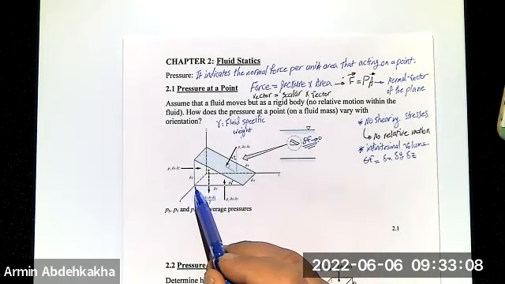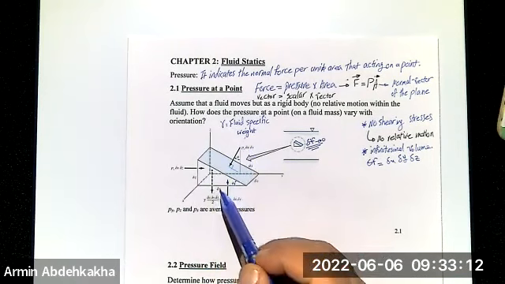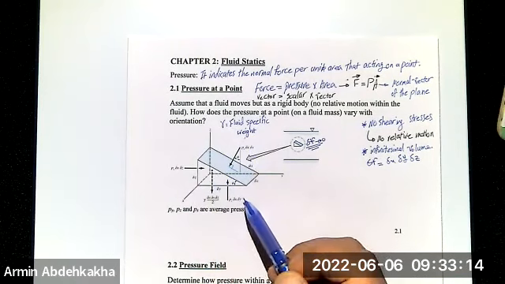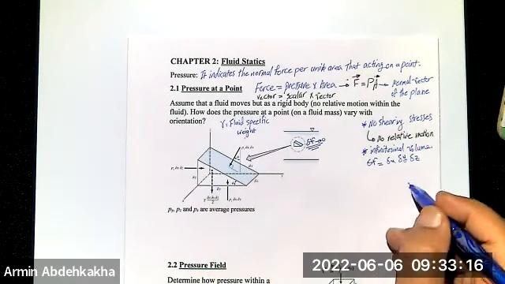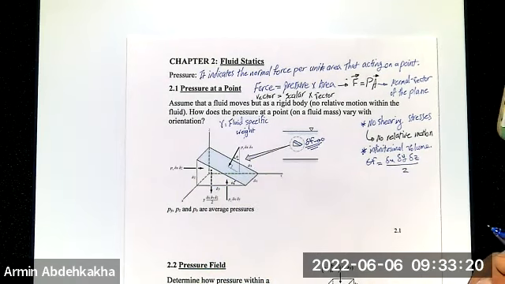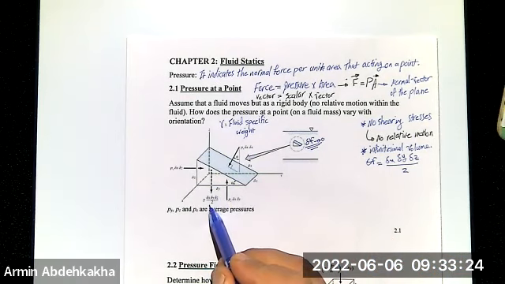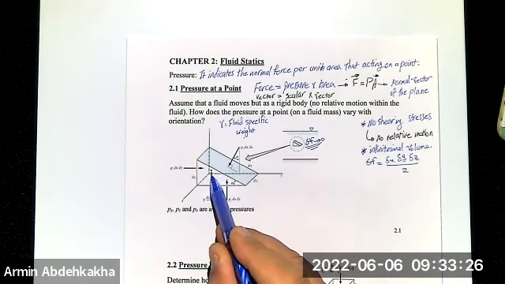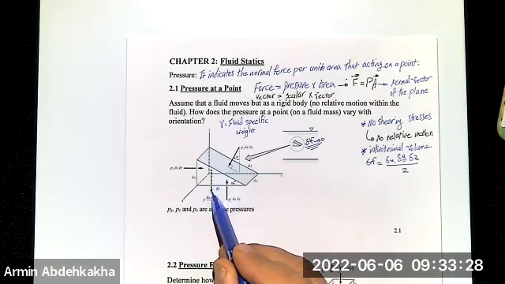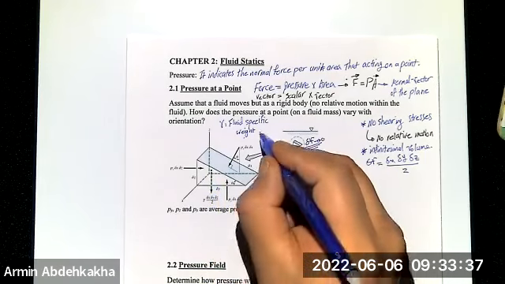Delta z times delta x times delta y actually gives you the volume of the whole cube, but it's half of it, so it has to be over 2. That's delta V. Here also we have the weight of it. The weight of a volume box is the volume times rho g, right? The gamma is rho g.